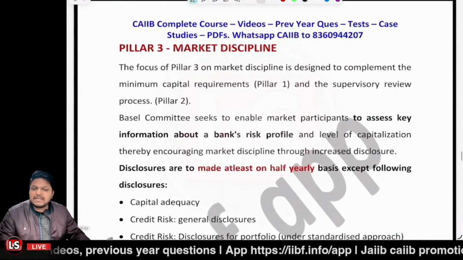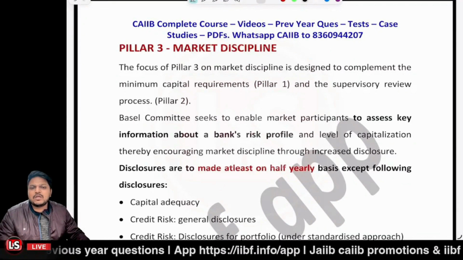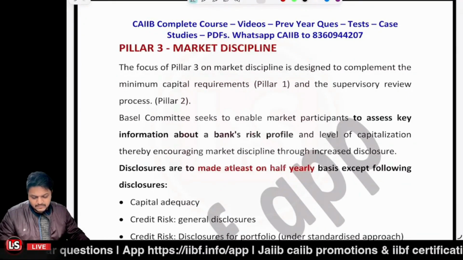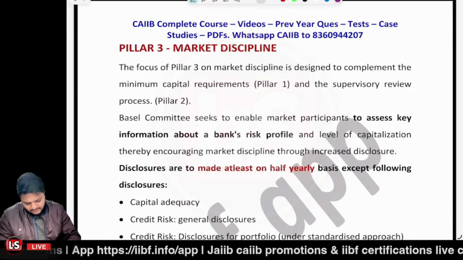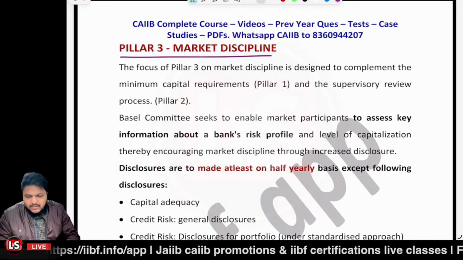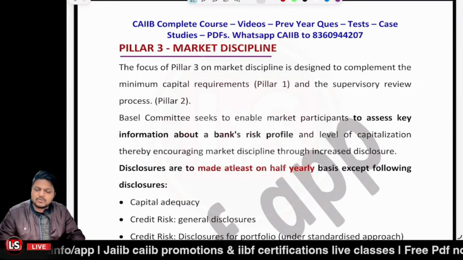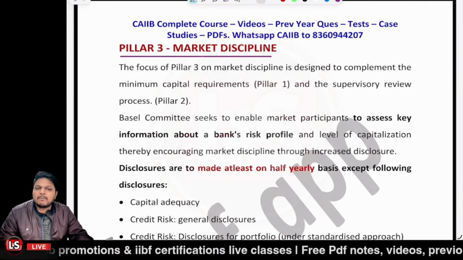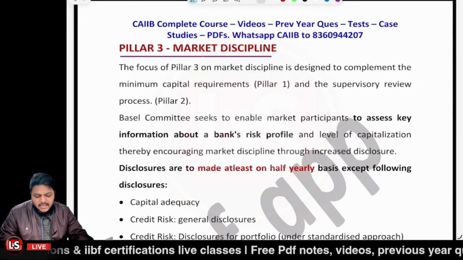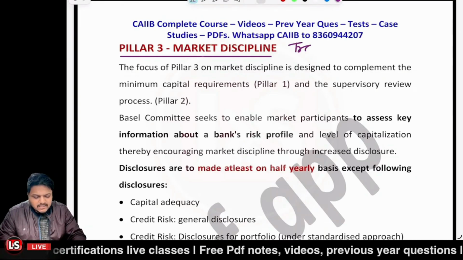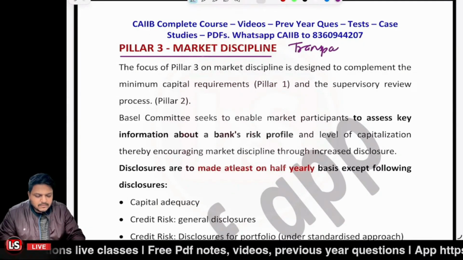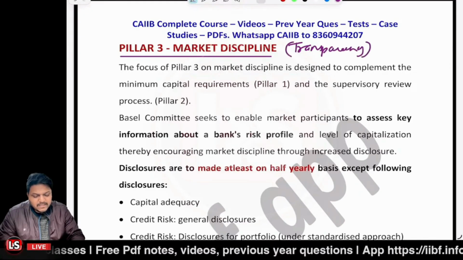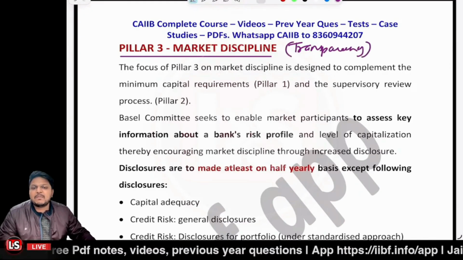Further, pillar number 3 is related to market discipline. Now, in case of market discipline, as I suggested, this pillar supports both pillar 1 and pillar 2. It is complementary to both of these pillars, and it's all about the transparency in the system which is to be maintained by the banks.